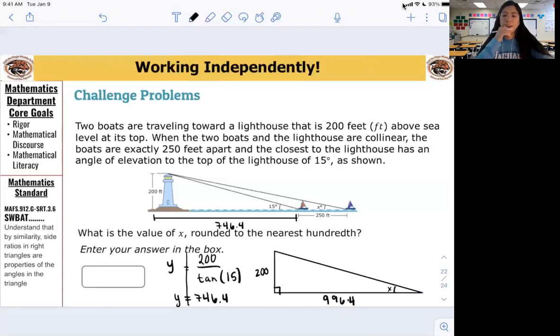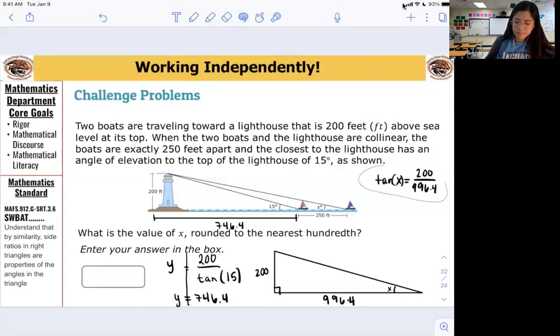So now what do I do to find x? The tangent of x, good. So now the tangent of x is equal to 200 over 996.4, and what do I do to both sides? The inverse tangent.